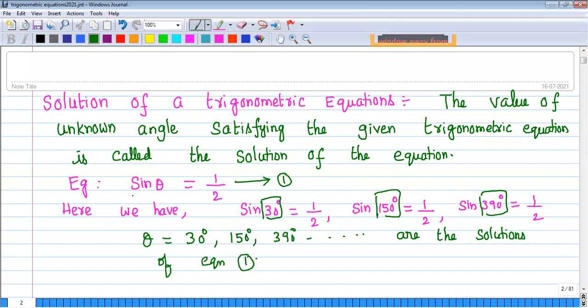That means sine theta is equal to half. This trigonometric equation is satisfied by 30 degrees, 150 degrees, 390 degrees and so on.